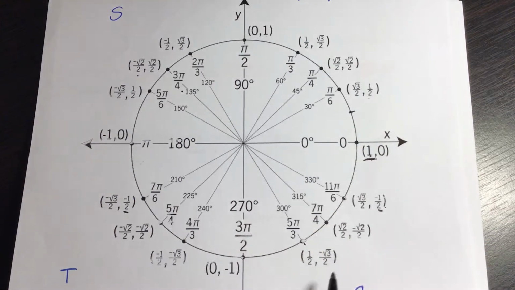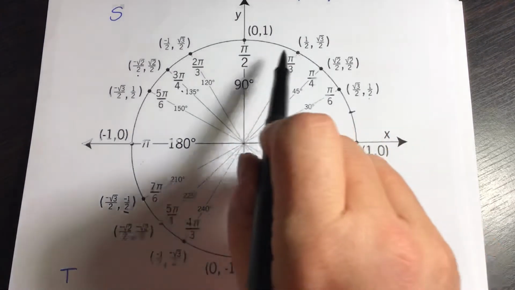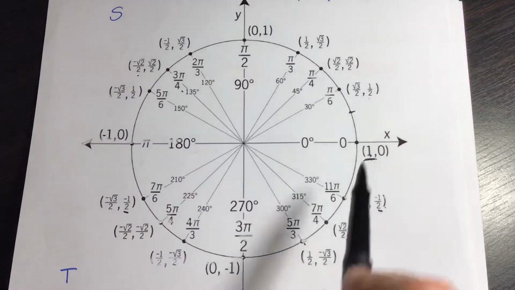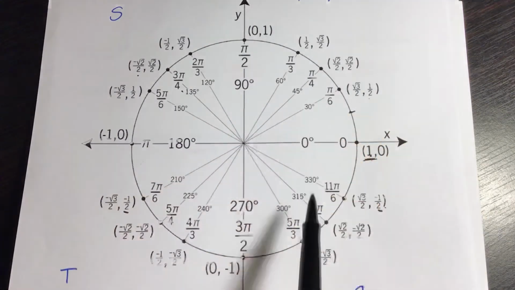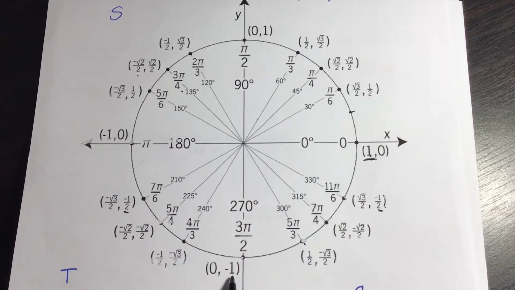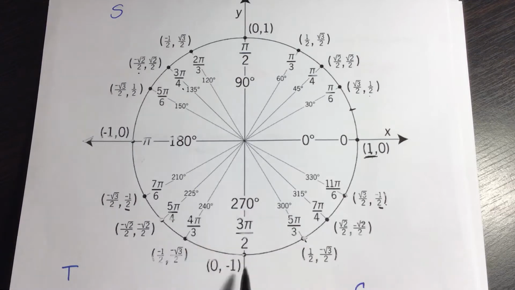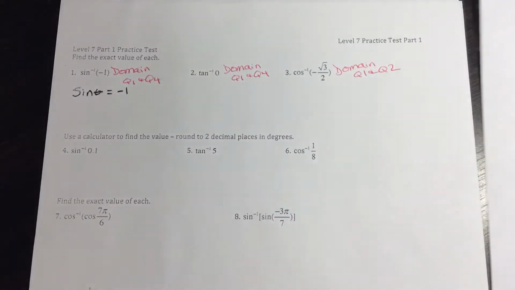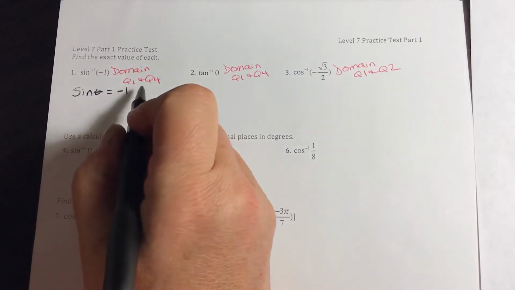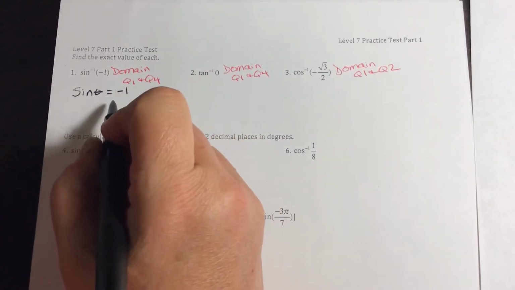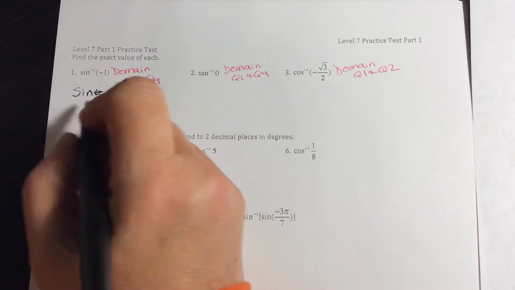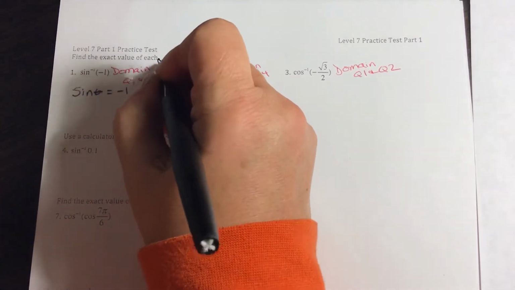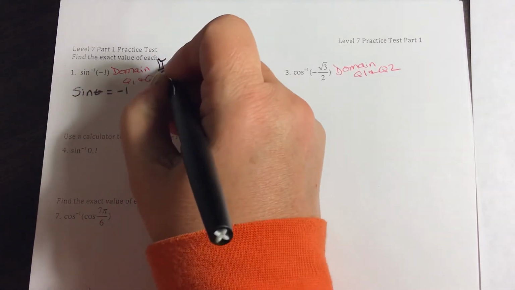And if I look, remember the domain for the inverse of sine is in quadrants 1 and quadrant 4. So here I'm looking at 3 pi over 2 as the angle that has a sine of -1, but 3 pi over 2 is not in our domain of pi over 2 to negative pi over 2.